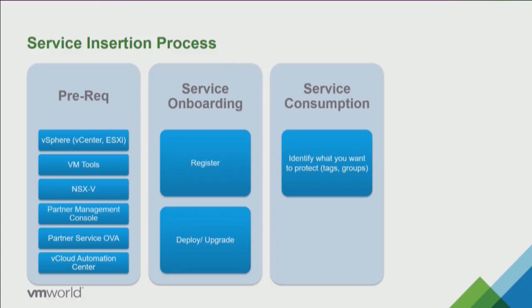You can group these objects, and once you group them, you can tie a policy saying the web group is talking to the DB group, and I want to apply a policy. That policy could be that I want DFW, or distributed firewall, and then I want to apply traffic redirection to the partner service. So now you define that policy. Once the policy is defined, the traffic based on the policy match is redirected to the partner service.